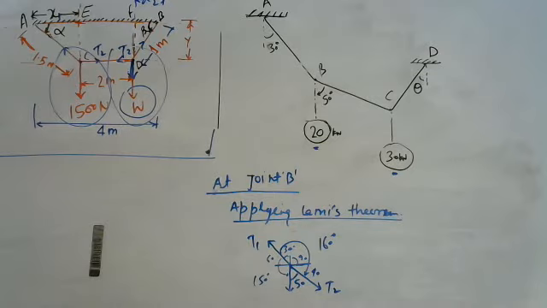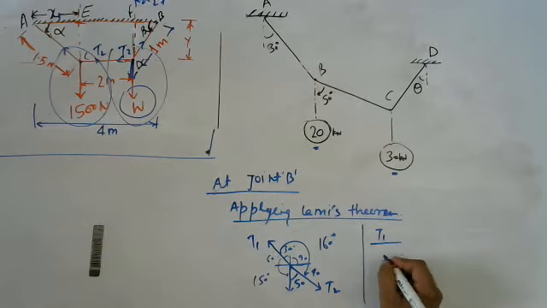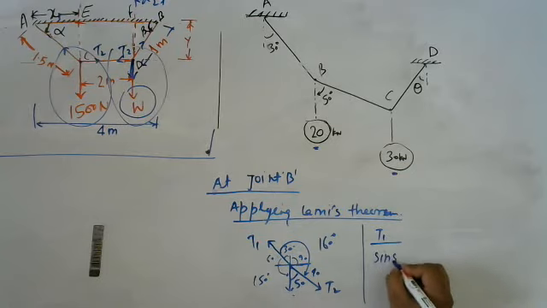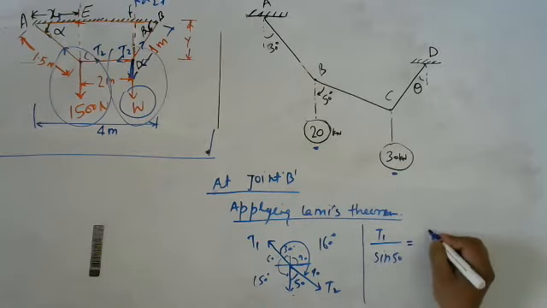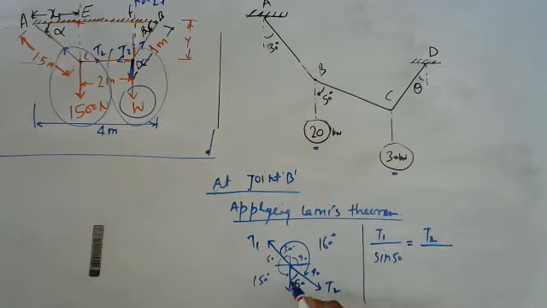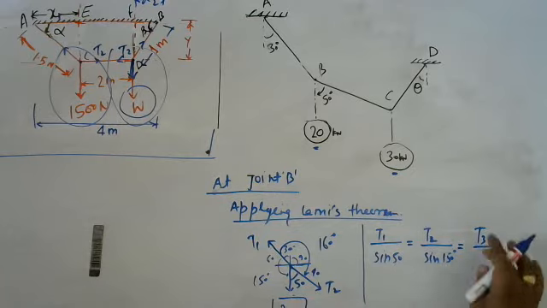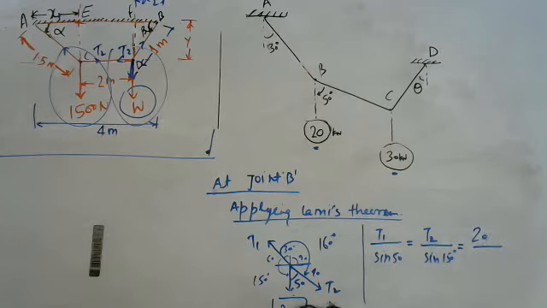Applying Lami's theorem gives T1 over sine of the angle between the other two forces, T1 over sine 50, is equal to T2 over sine 150, is equal to the load acting here, 20, divided by sine 160.